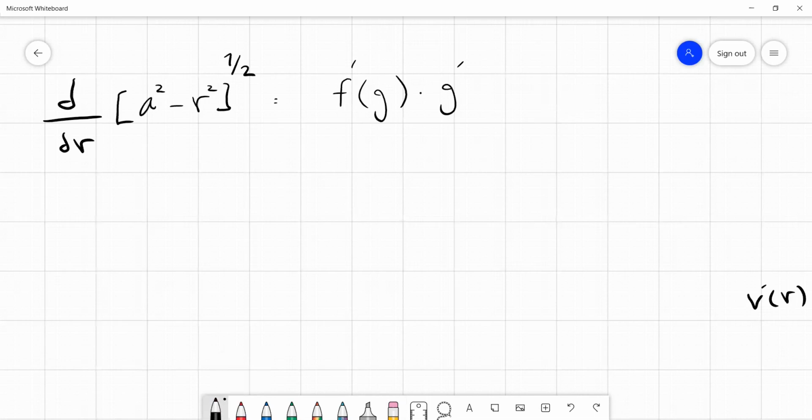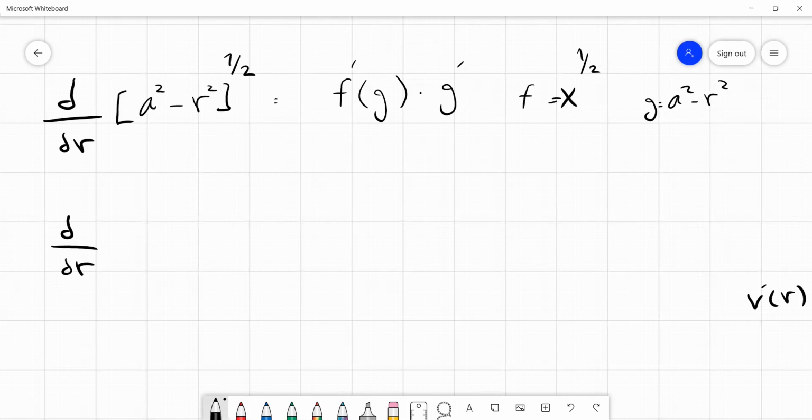So I would say that the expression is basically x to the power of half and a squared minus r squared. So if I were to allocate f to x and g to a squared minus r squared, then I would come and take the derivative of it.